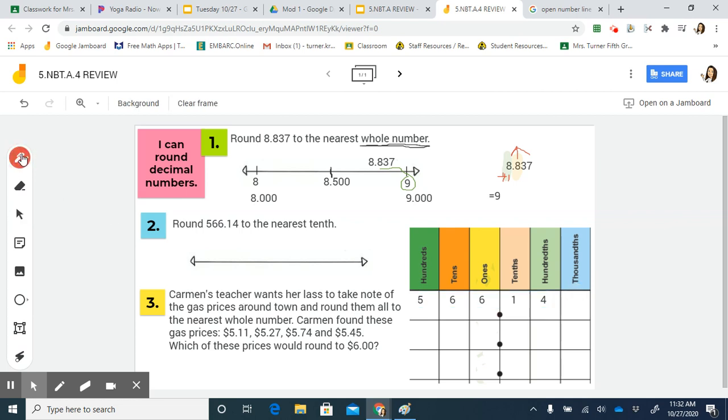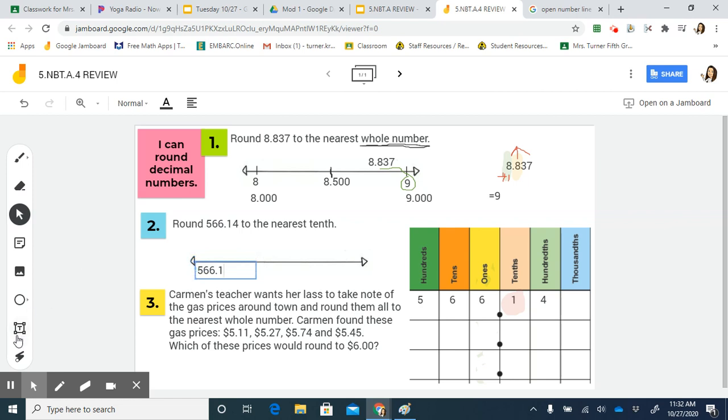This time I'm rounding to the tenths, so I want to make sure that I identify that I'm rounding to this place value. I see a 1 there. So that tells me that my baseline number is going to be 566.1.